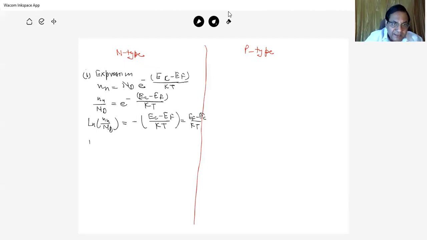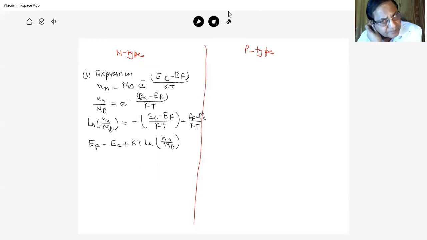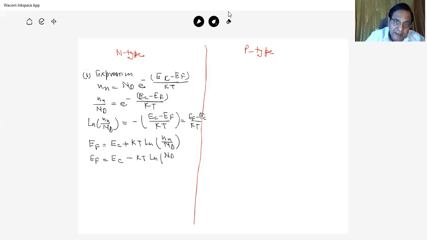So what we have, this is Ef is equal to Ec plus kT ln of this one. Or we can have Ef is equal to Ec minus kT ln Nd upon n.